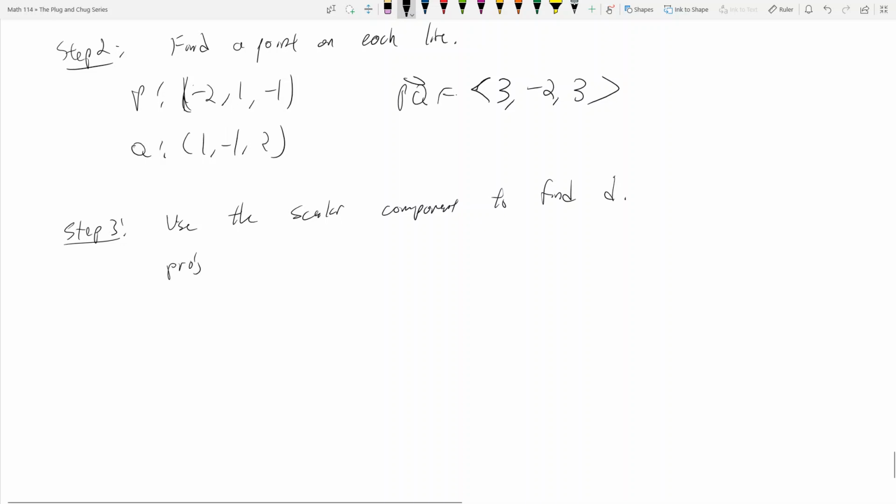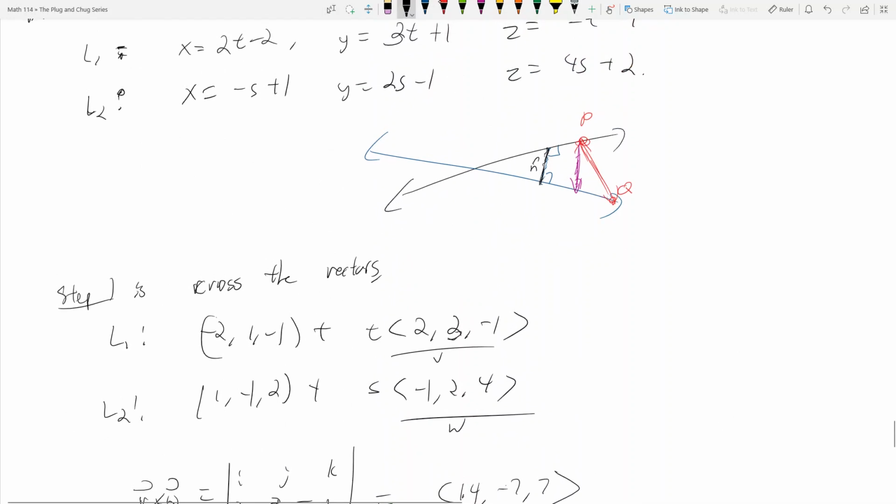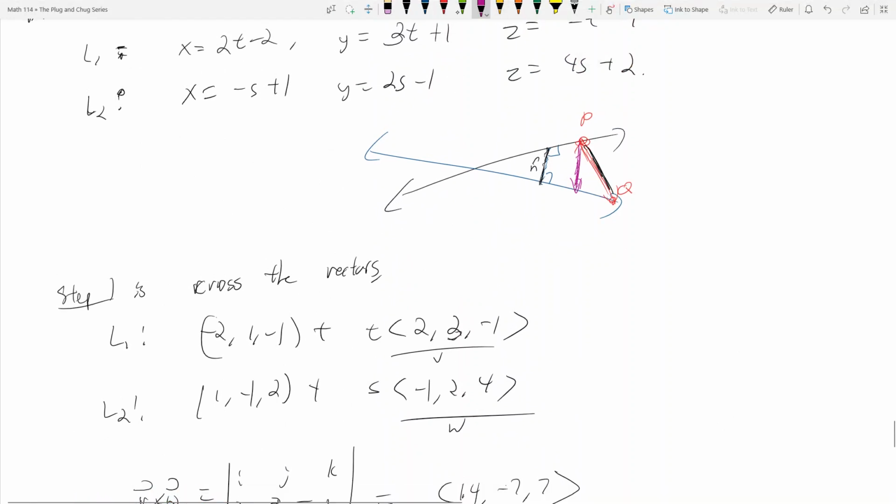Remember the projection of a vector u onto v, which in our case is the projection of PQ onto n, right? We're trying to project this red line PQ onto this normal vector n, which is this purple one here too, because it's perpendicular to both.